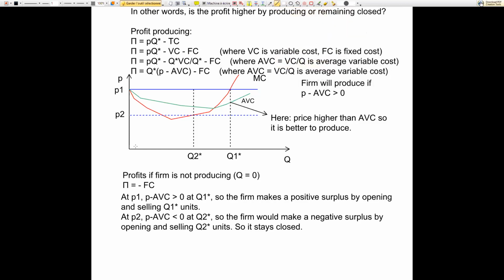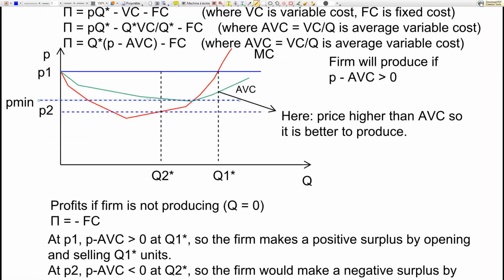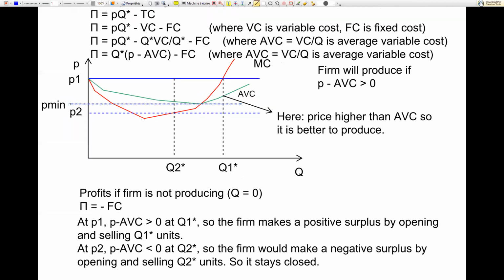So what is the minimum price for which the firm will start producing? It's this price here. So let me call this P-min. Why is it P-min?